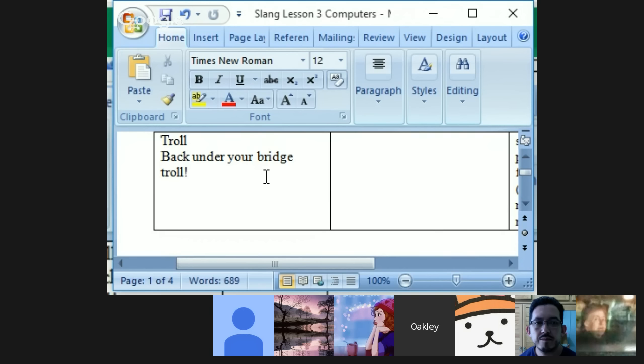Okay, because a troll in the dictionary non-slang meaning is a mythical creature, not real, that usually likes to live under bridges or live in mountains and eat people, or live under bridges and eat people, whatever. It's a mythical storybook creature. Anyway, so okay, how might you use this in a sentence, Sawa? Okay.